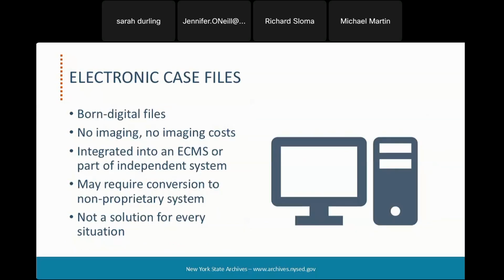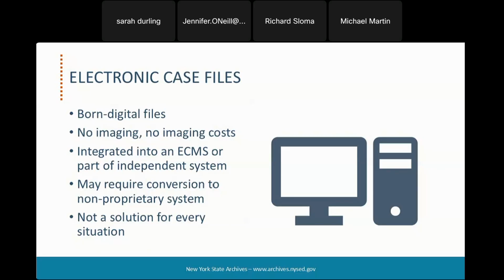Next, we're going to look at electronic case files, and these are records that were submitted electronically, usually in some sort of textual information, or you've keyed it in on your end, but it's basically a fully electronic process and fully electronic information. There's no imaging involved, so there's no imaging costs.